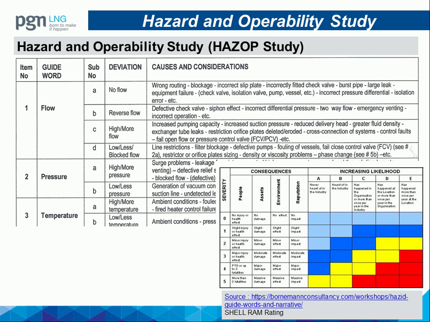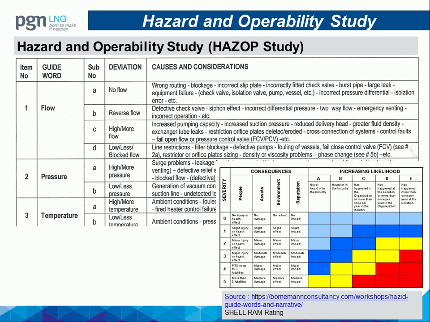I also show you the RAM rating. I got it from Shell in this case. Basically it shows what kind of severity or consequences if something happens.